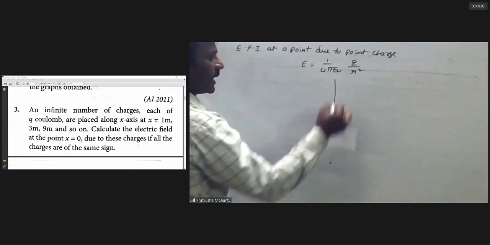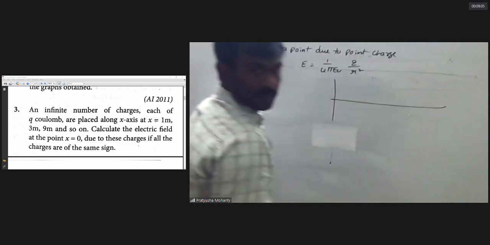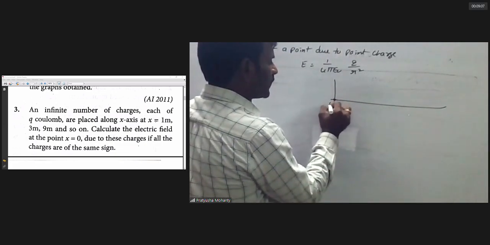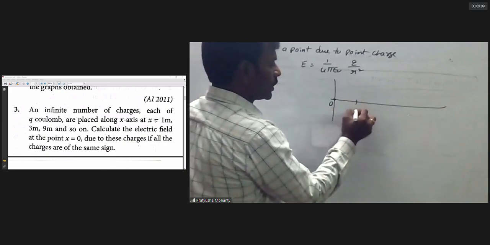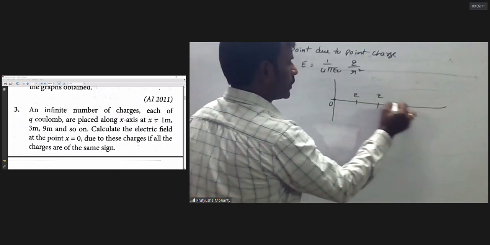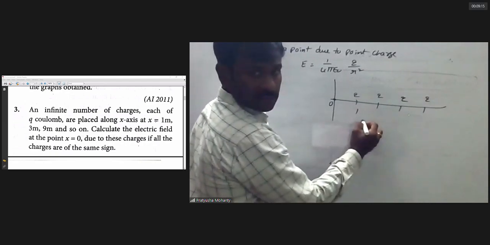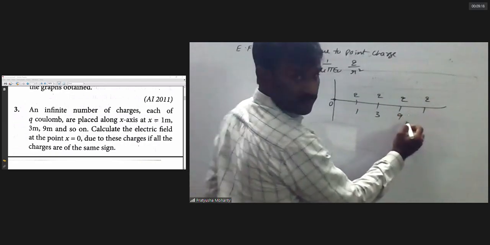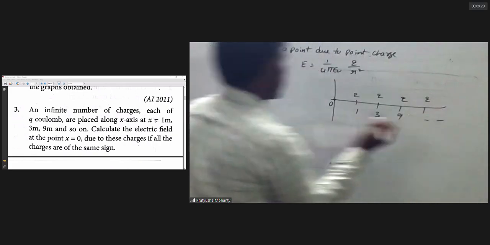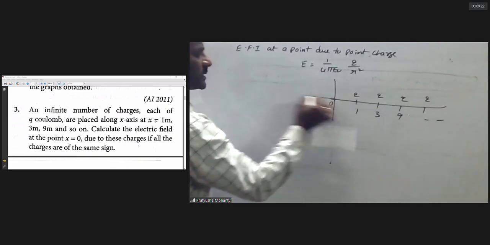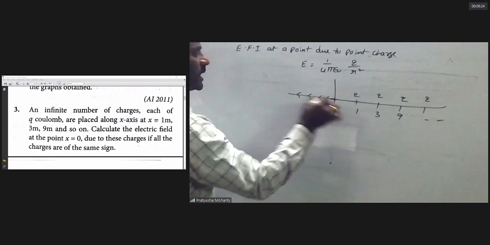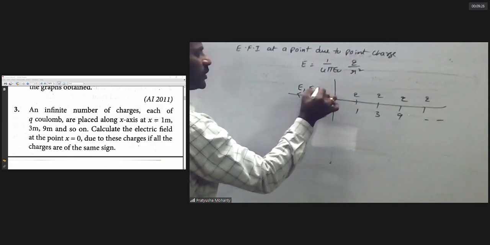Very good. And now you see here, an infinite number of charges, all are Q, at distances 1, 3, 9, and so on. For this electric field we have E1, E2, E3 and so on.